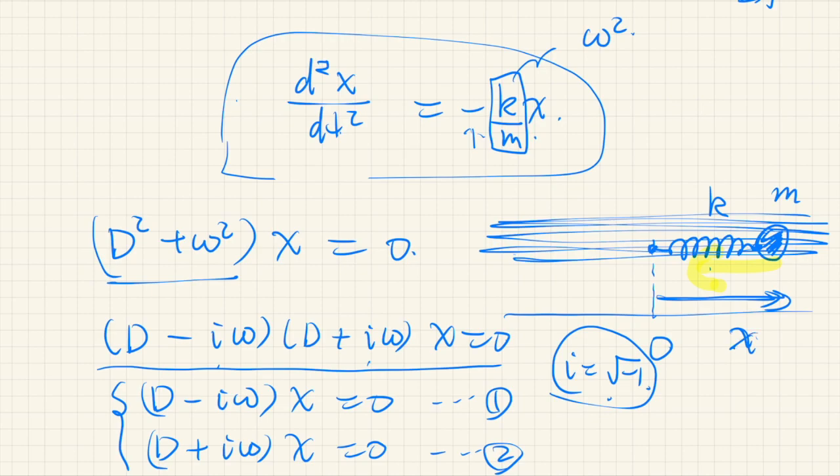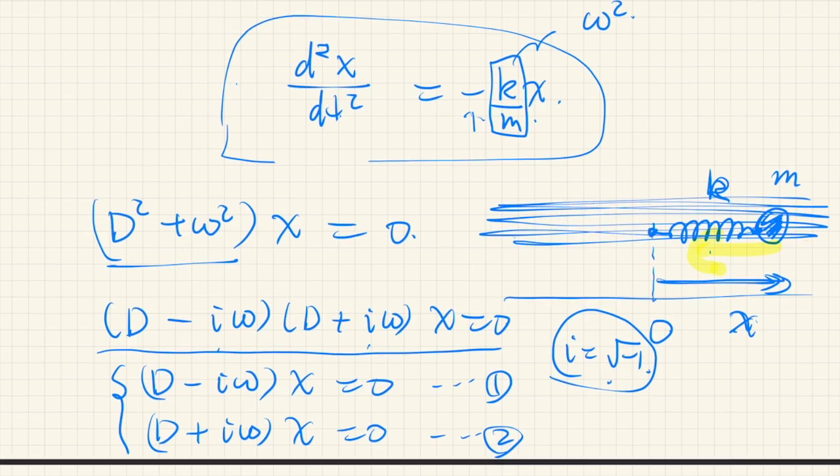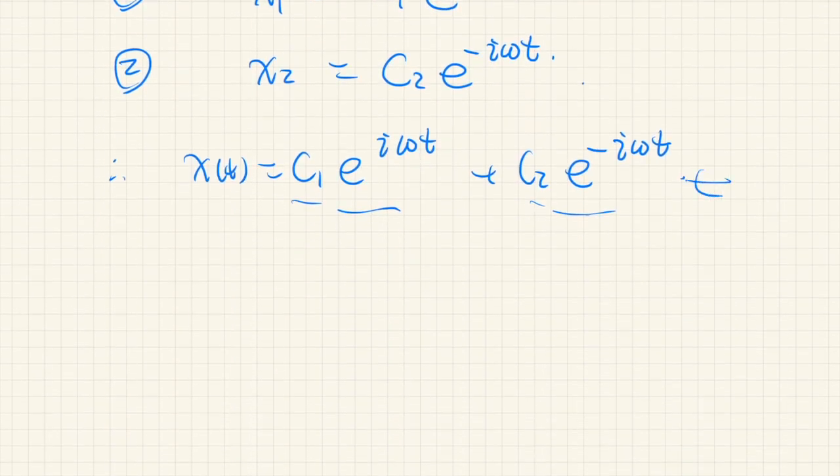This x must be some length or distance from the origin. It's the coordinate, so it must be real. And k is a spring constant, so it's a real number, and mass is of course a real number. Everything is real, but the solution is possibly a complex number. So this coordinate can be a complex number. It's a strange thing.